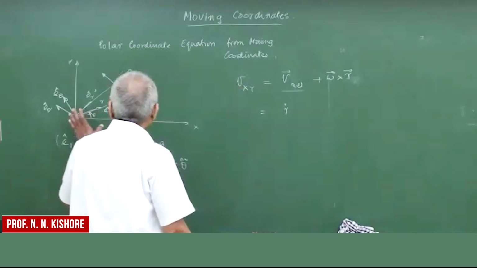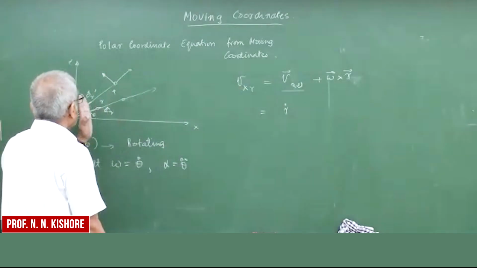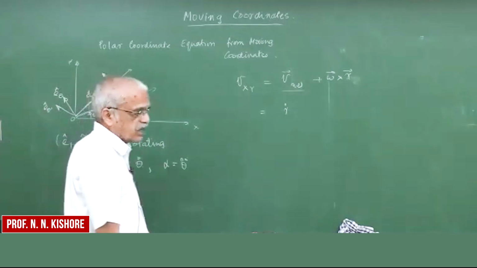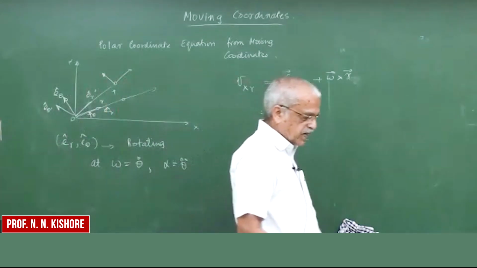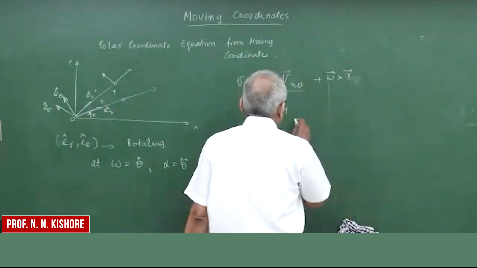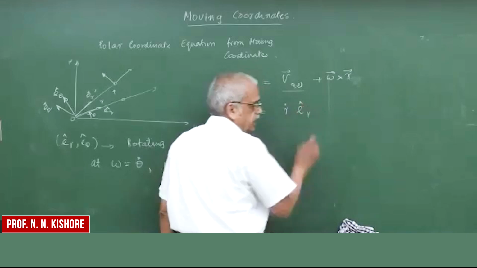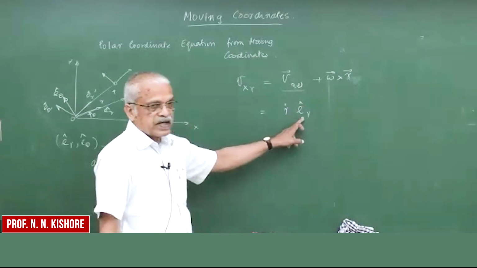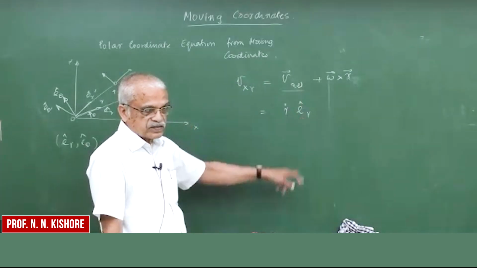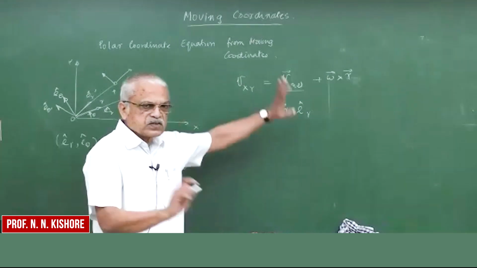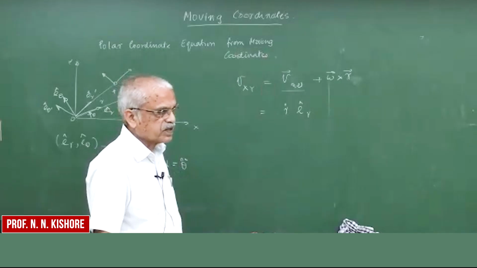The ER is rotating in such a manner that P is always along ER. So the particle P only has a velocity of r dot, and as a vector quantity, I'll put it as ER also. As far as the rotating coordinate system is concerned, the particle P is just moving along R, nothing more.